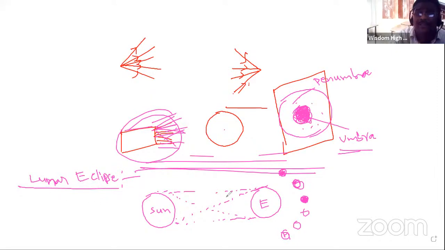When the sun, earth and moon come in a straight line, you can see what happens. Light travels in a straight line; after propagating, the light is blocked by the Earth. As the moon revolves around the Earth, a complete shadow is formed here.